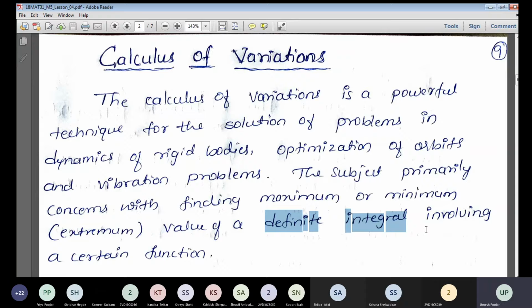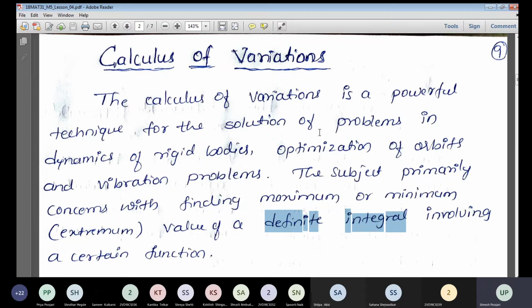Definite integral means integral with limits. So a definite integral involving some certain function. The function will be given like in first semester, but that function will be under some definite integral. So how to find the maximum or minimum value of a definite integral involving a certain function is known as calculus of variation.